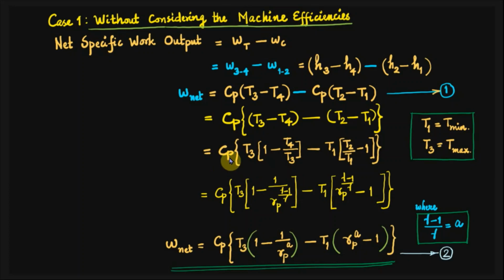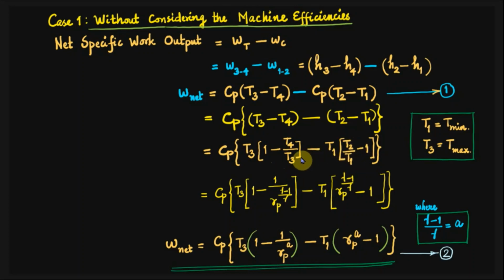Now our expression is Cp into [T3 into (1 minus T4 by T3) minus T1 into (T2 by T1 minus 1)]. You know why we have written this expression is just because we have to replace this T4 by T3 and T2 by T1 in terms of the pressure ratio.